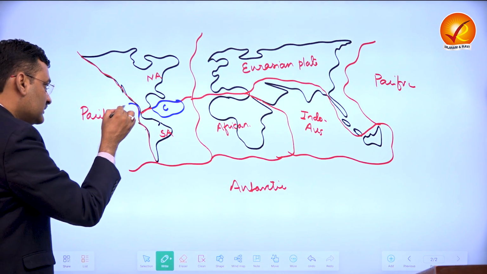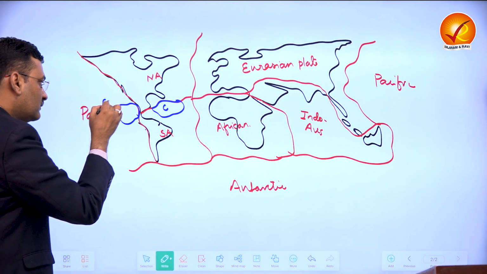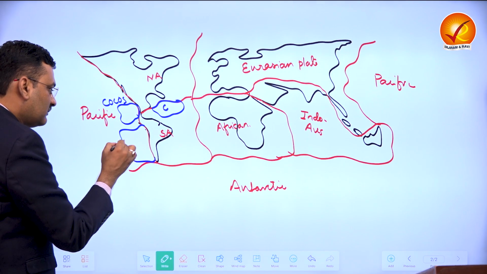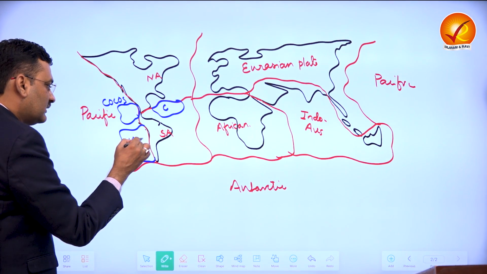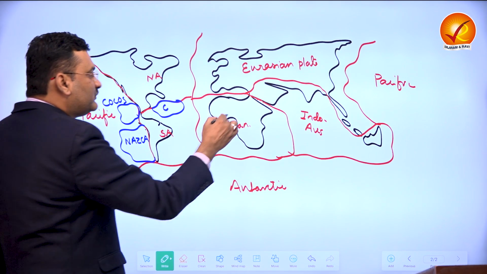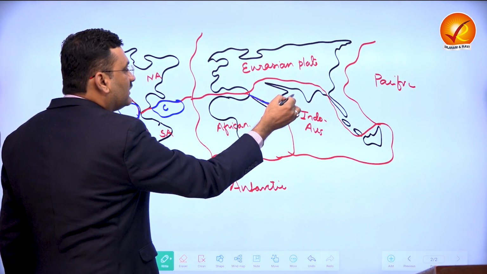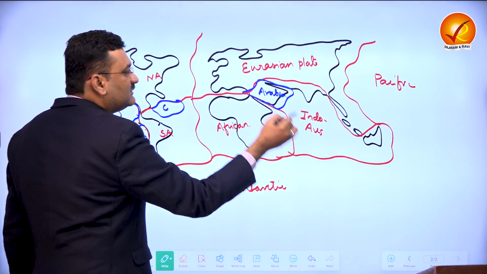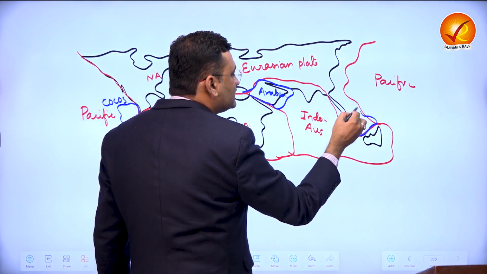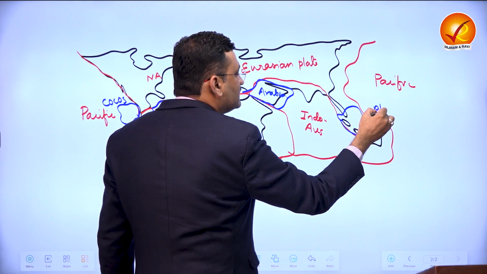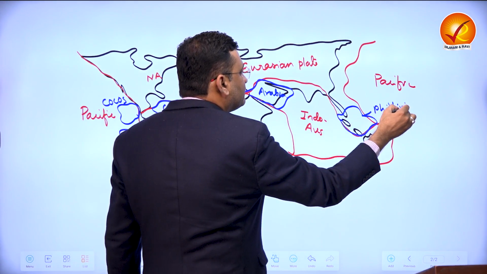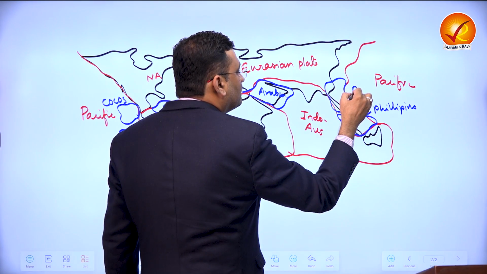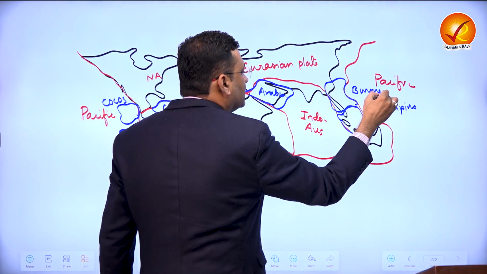Then this one is the Cocos plate. Attached to South America is the Nazca plate. Then this one is the Arabian plate. Towards Southeast Asia we can identify this as the Philippines plate, and then this one is your Burmese plate.